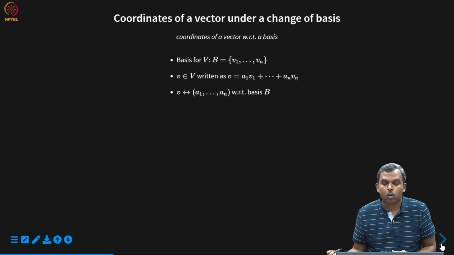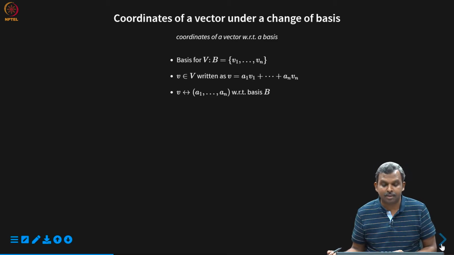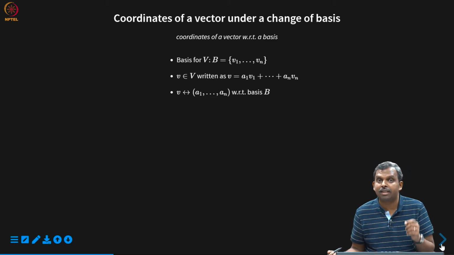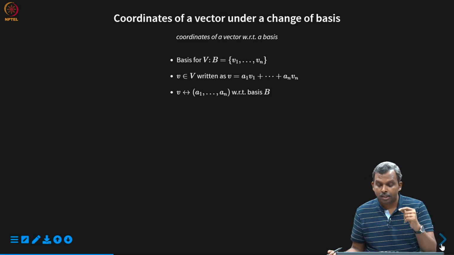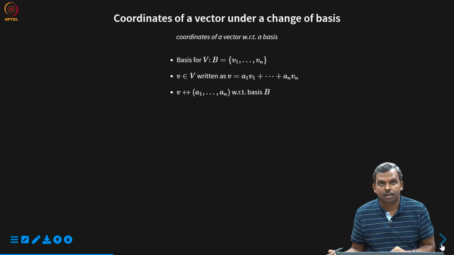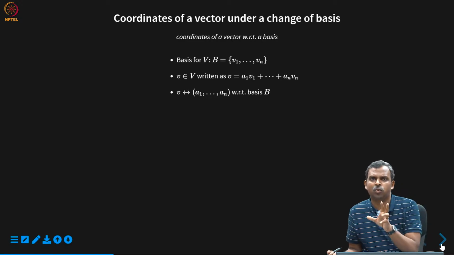So let's get into coordinates and change of basis. We know this already. You have a basis for a vector space V, and any vector V can be written as a linear combination of the basis vectors, and those coefficients you collect together and call them coordinates with respect to a basis. So whenever you write a vector V, usually people even write V equals the list of coordinates.